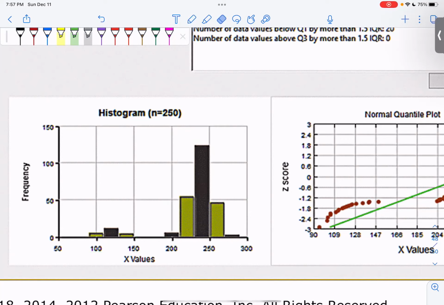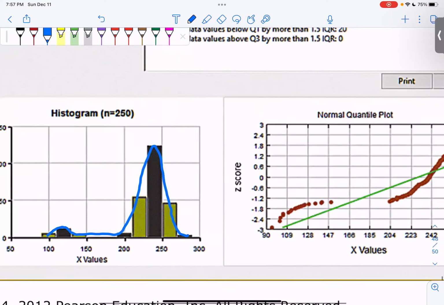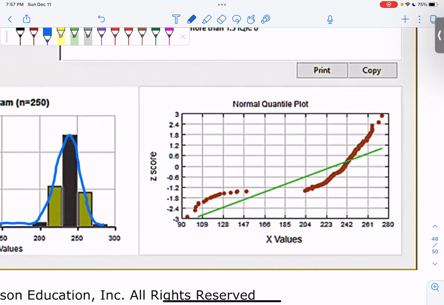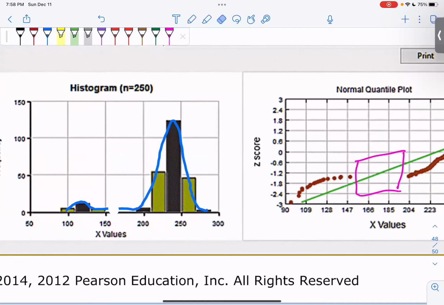But if we consider the whole data set as one distribution, the curve will be something like this, right? Which clearly is not a normal distribution, right? And here also, you can see those dots are far from that straight line. And also, we have some gaps here in the histogram.